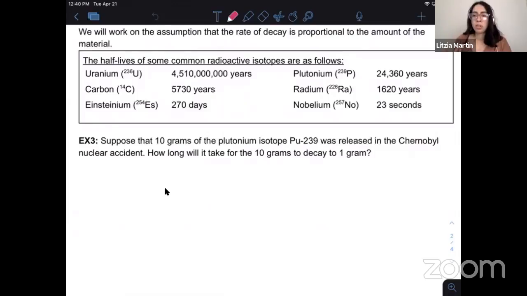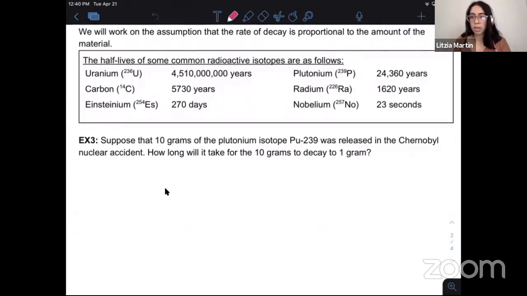What that means is we're relating this to the rate of decay, so how quickly things are decaying. Nobelium has a really quick rate of decay, right? In 23 seconds, you already have half of it.